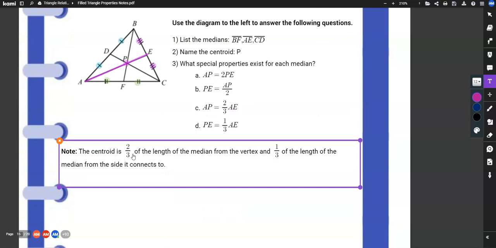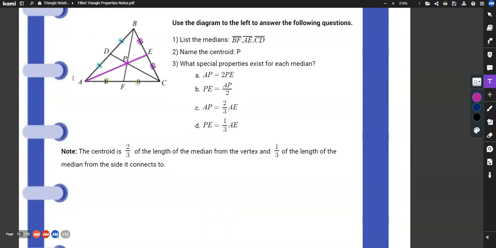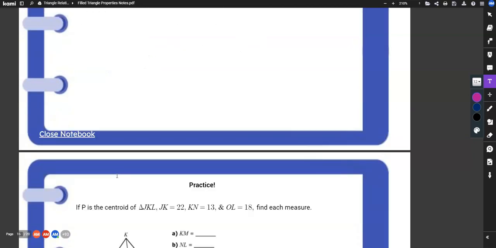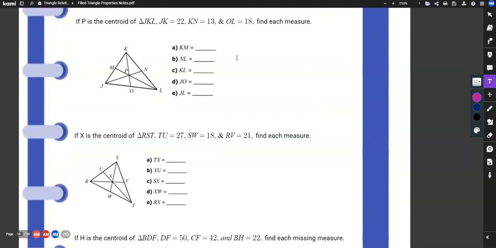So the centroid is 2/3 of the length of the median from the vertex, so AP, 2/3 of the distance from vertex to midpoint, and that's the centroid, and then 1/3 of the length to the median, or to the side. So let's do some practice with this.